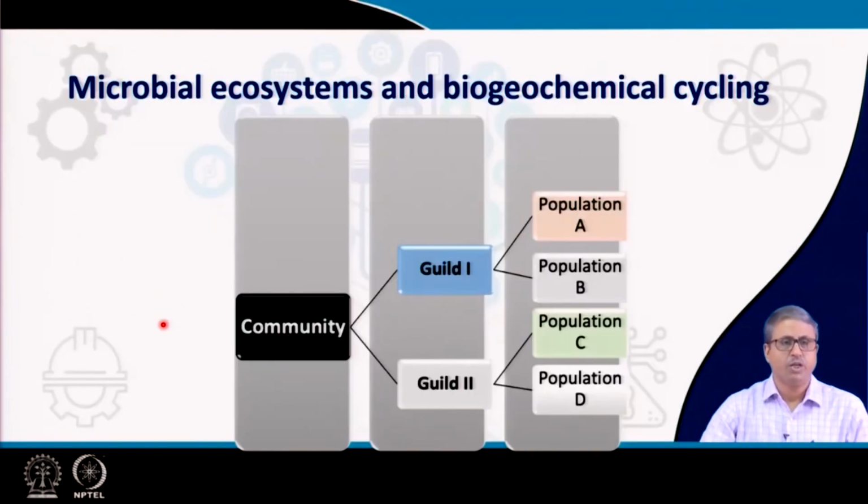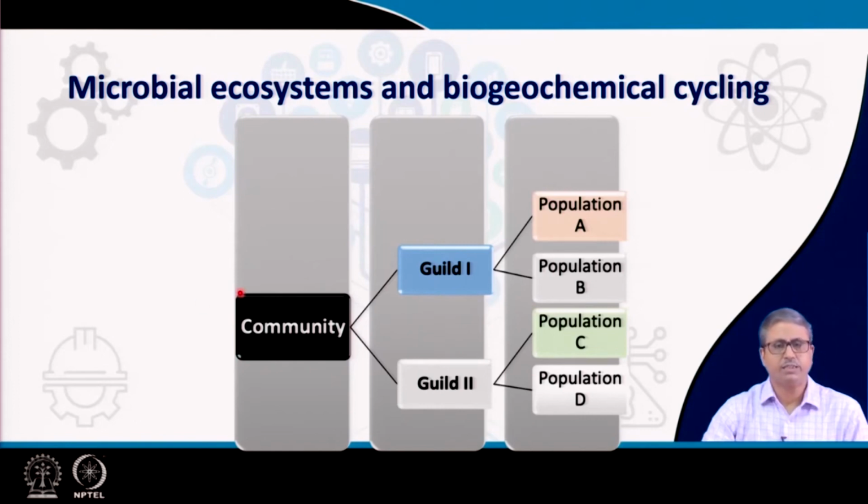So, we begin with the basic concept of how the different microbial populations interact to form the guild and the community functions towards the ecosystem, the broader ecosystem goals or functions that are catered to by the communities.